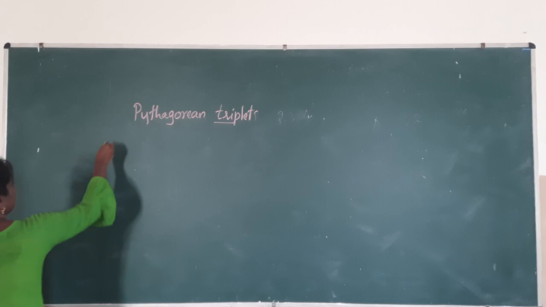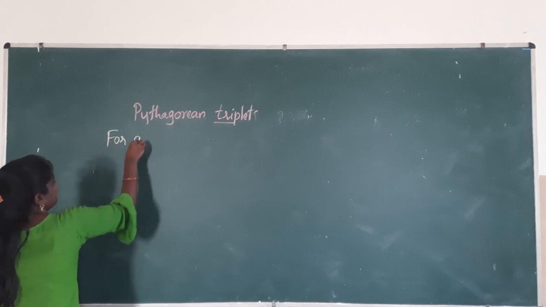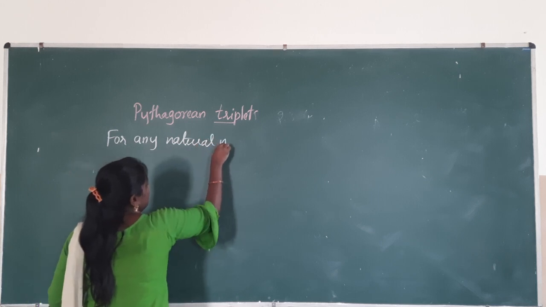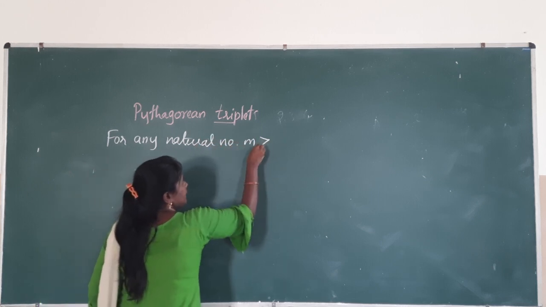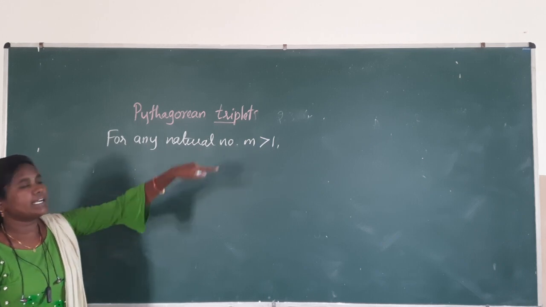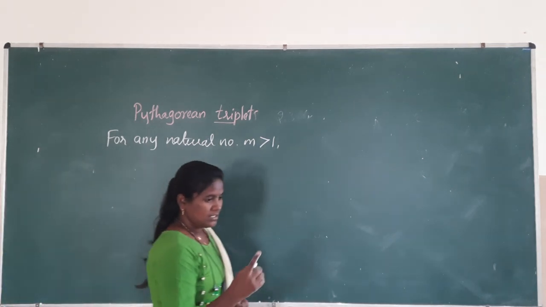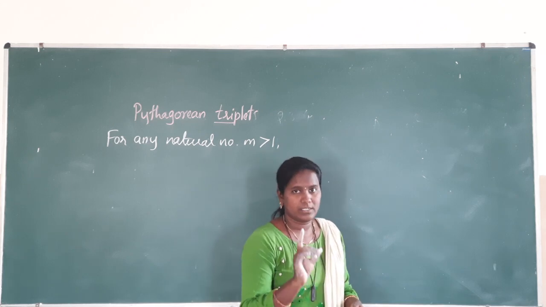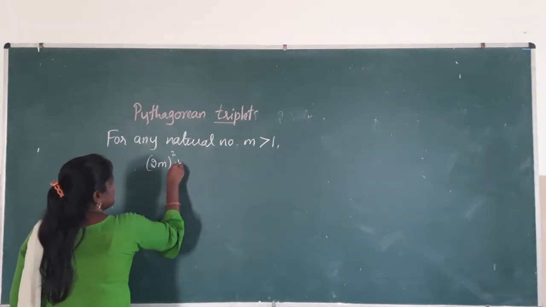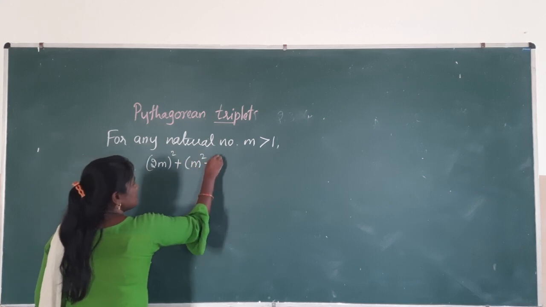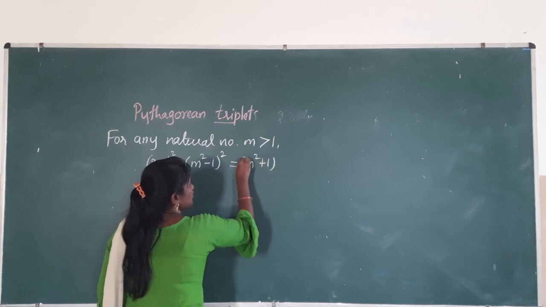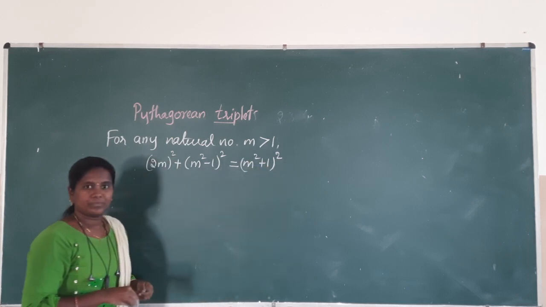What is that? For any natural number m greater than 1, the number which is greater than 1, (2m) square plus (m square minus 1) whole square is equal to (m square plus 1) whole square.